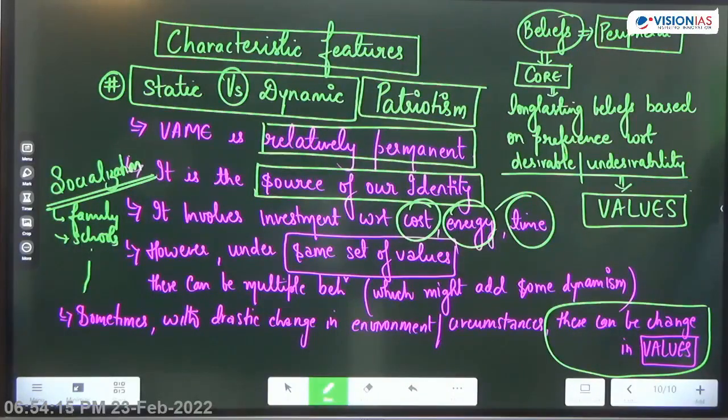When you love your nation no matter what it does, it is nationalism.